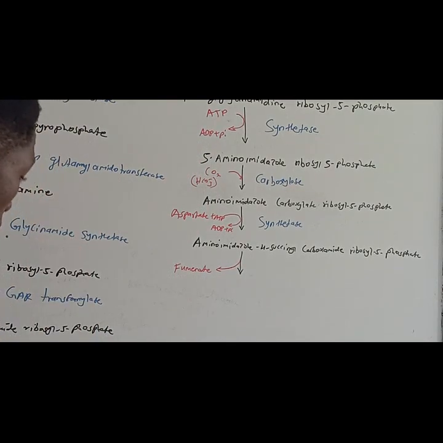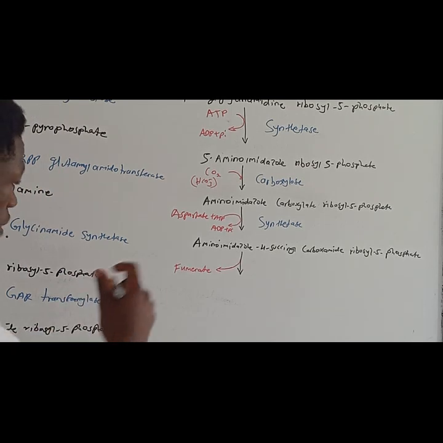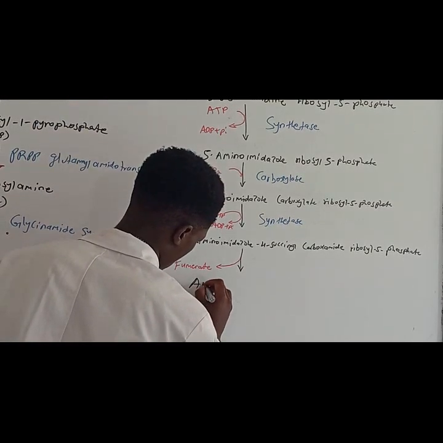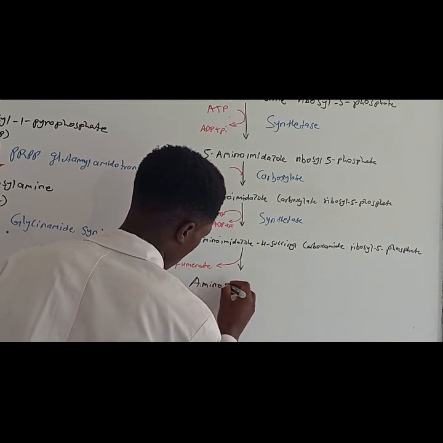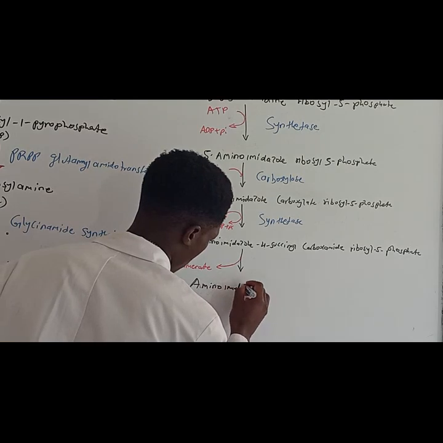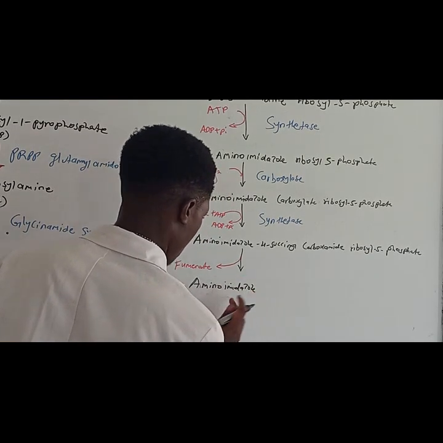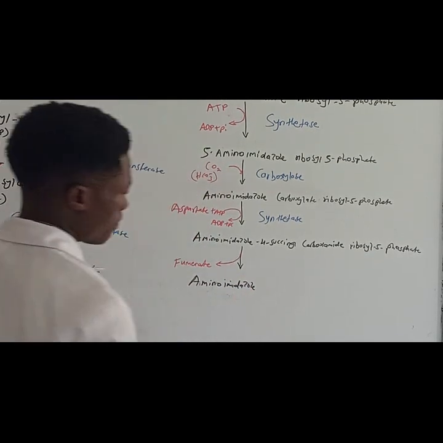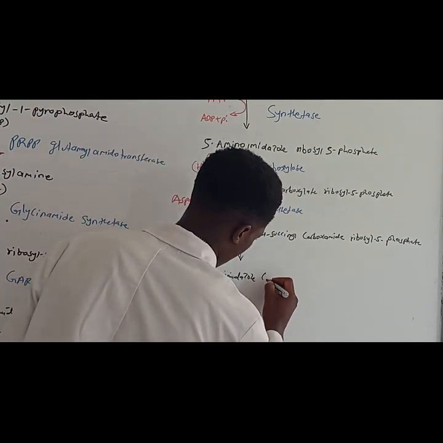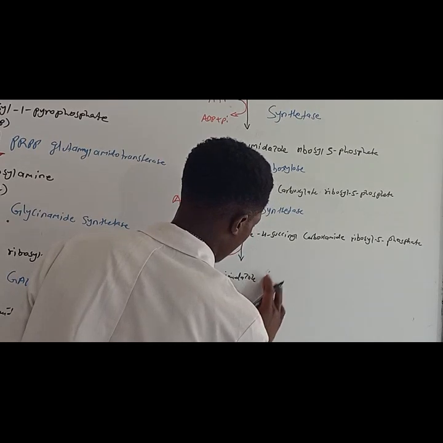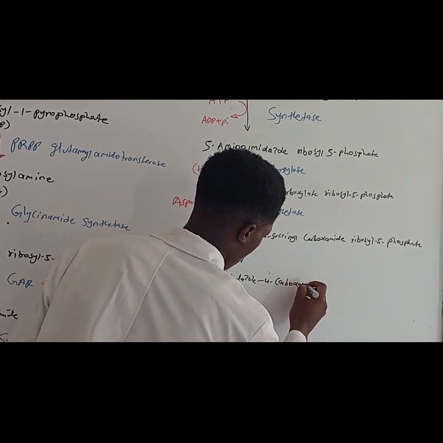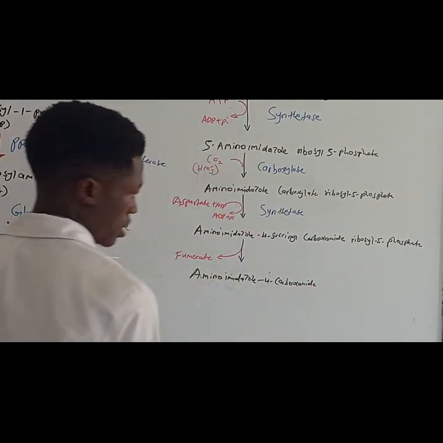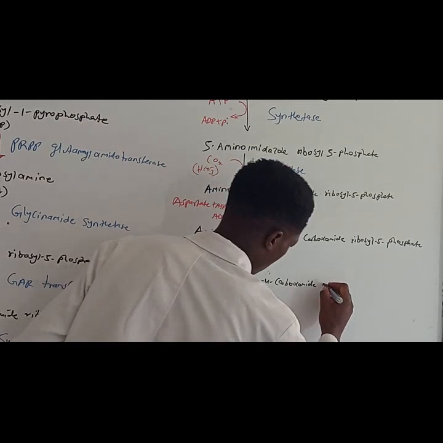So we are going to form a new molecule, and this new molecule is going to be called aminoimidazole 4-carboxamide ribosyl 5-phosphate.